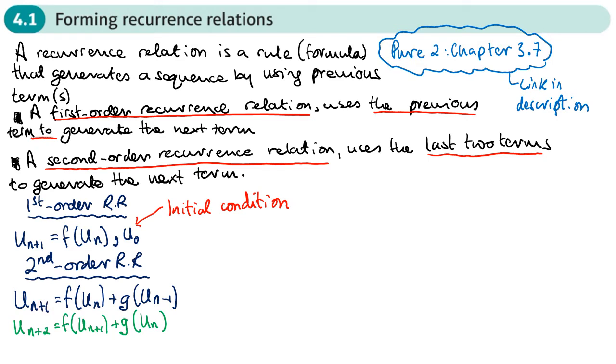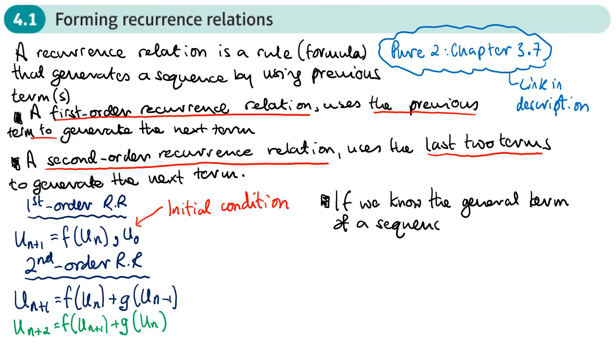And the last thing we just need to know about recurrence relations is that if we know the general term of a sequence, now that will be in this sort of form, so un equals some function of n, then we can actually check that it satisfies the given recurrence relation by using substitution.